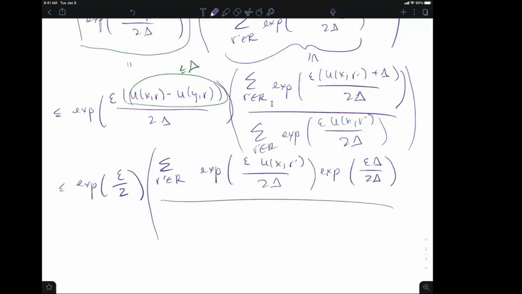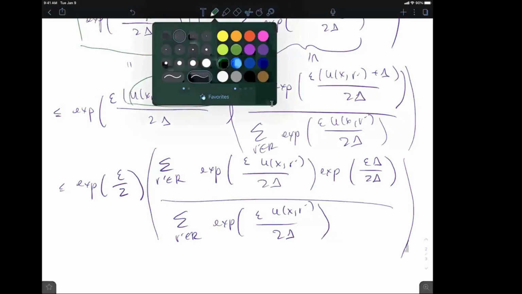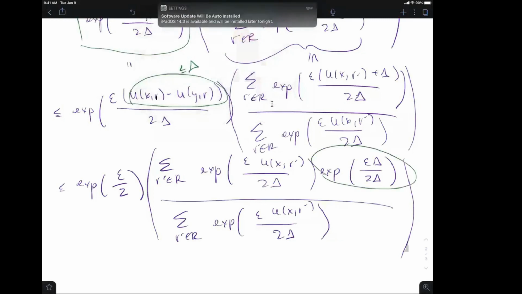And then same mess going on in the bottom as I've been carrying around all along. So that's an epsilon x r prime over 2 delta. But that's starting to kind of look promising, no? Yeah, what can I do there? You can factor the exp epsilon delta over 2 delta. Yeah, let me pull that out. What happens when I pull that out?